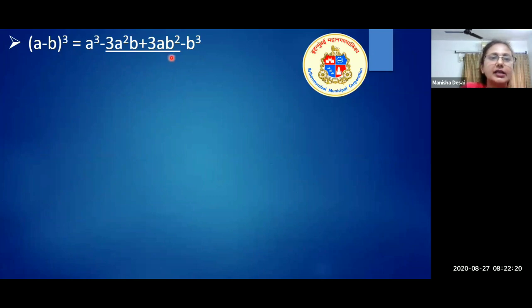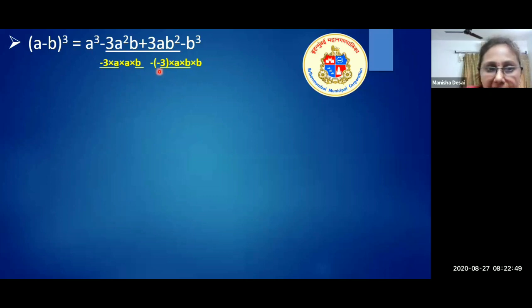Now this 3a square b can be written as minus 3 into a into a into b. And this plus 3ab square can be written as minus into bracket minus 3 into a into b into b. You must be thinking why I have written this minus sign, because we know that minus into minus is plus.